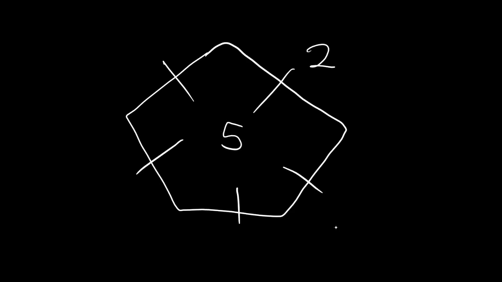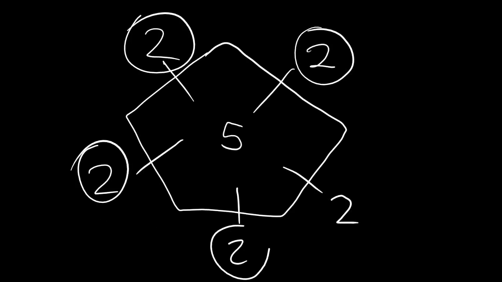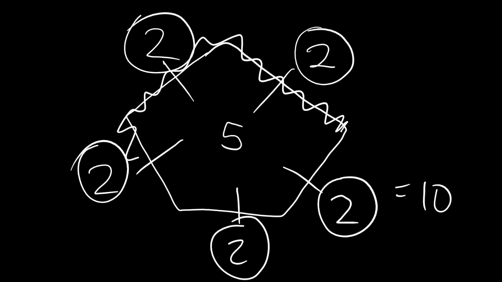The perimeter is 5L, which is 5 times 2 in this case, which is 10. What you can think about this is that this side is 2, this side is 2, this side is 2, this side is 2, this side is 2. 2 plus 2 plus 2 plus 2 plus 2 is 10, and that is the entirety of these lines added together.